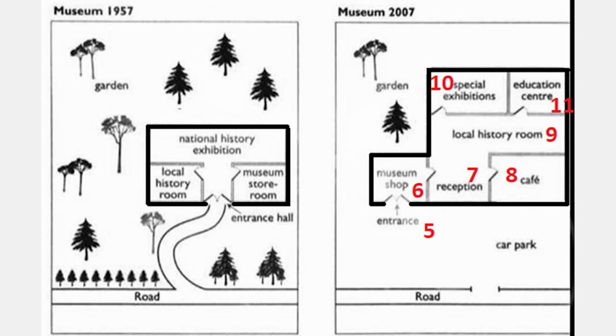So the first thing that happens is the entrance moves from the middle over here to the left, and then I'm going to talk about this room being added, and then what was the local history room is now a reception, and then what was a storeroom is now a cafe, and so on up the top of the building. There's a couple of rooms added on here.